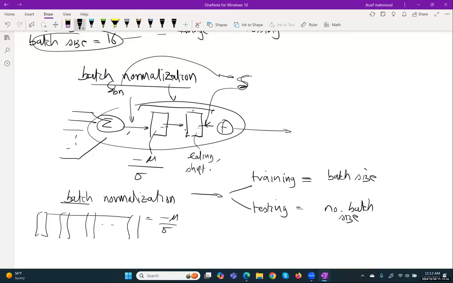And from the overall mean of all the training data and the overall standard deviation, that's what we will use in testing. So there is a difference in what these parameters are between training and testing.